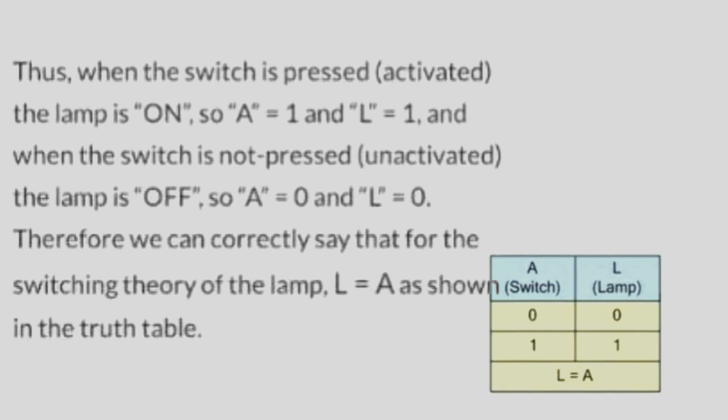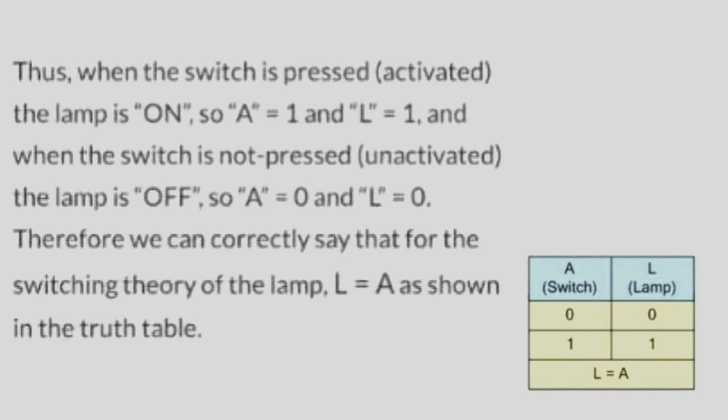Thus, when the switch is pressed or activated, the lamp is on, so A equals 1 and L equals 1. And when the switch is not pressed or unactivated, the lamp is off, so A equals 0 and L equals 0. Therefore, we can correctly say that for the switching theory of the lamp, L equals A, as shown in the truth table.